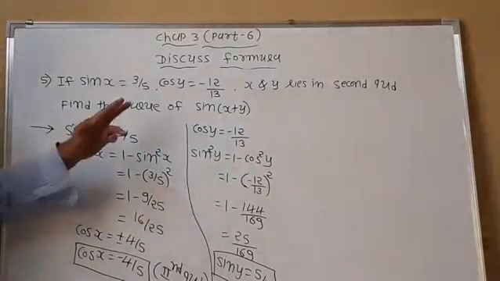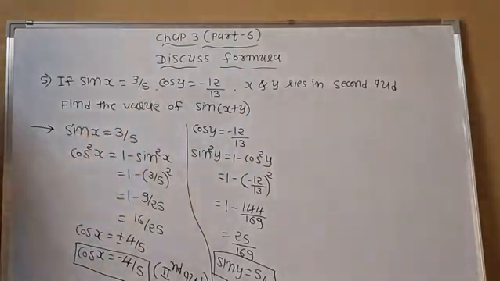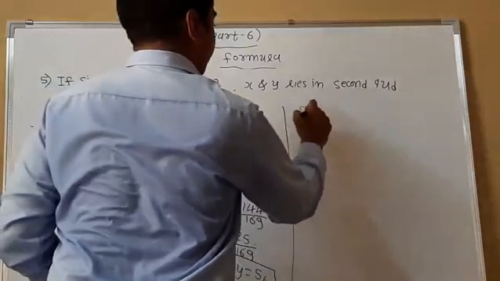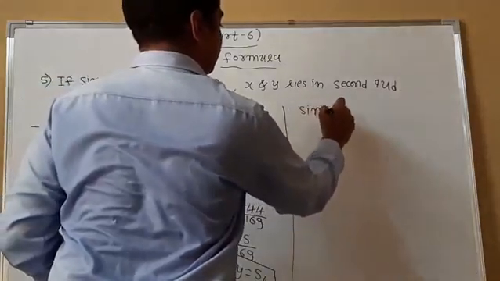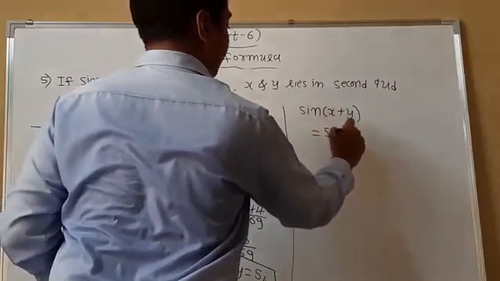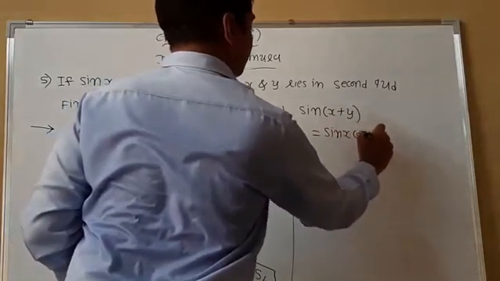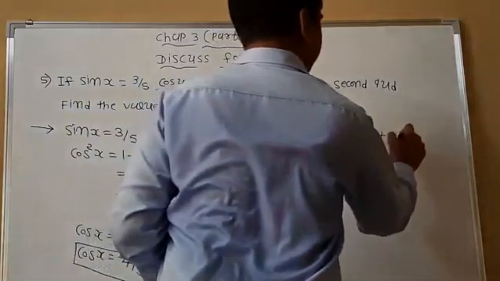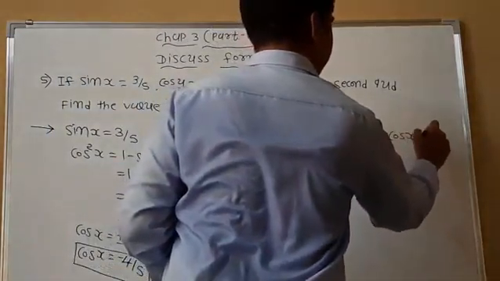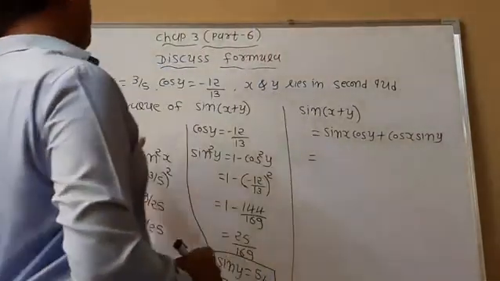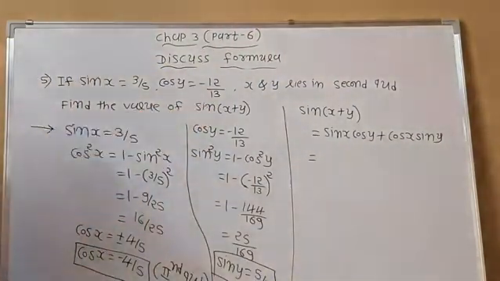Now our question is to find the value of sin(x plus y). So we know that sin(x plus y) is equal to sin x into cos y plus cos x into sin y. Now substitute all these values in this equation.